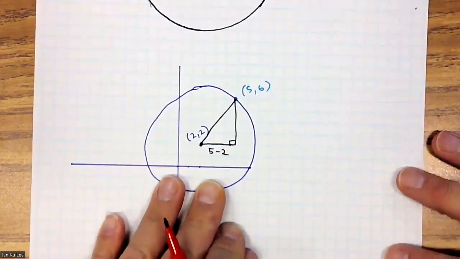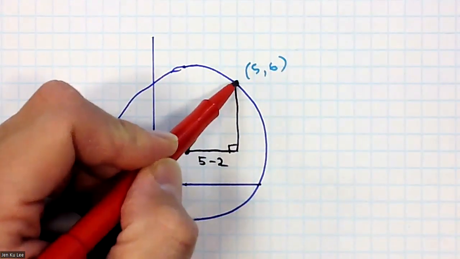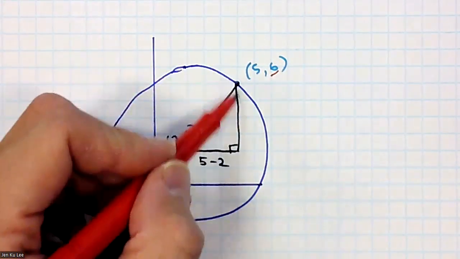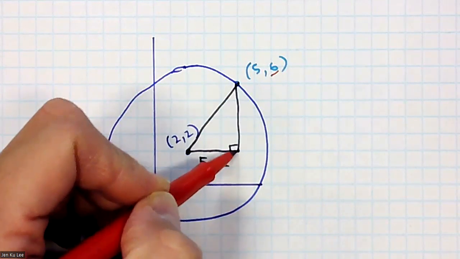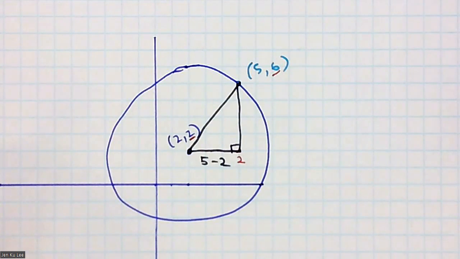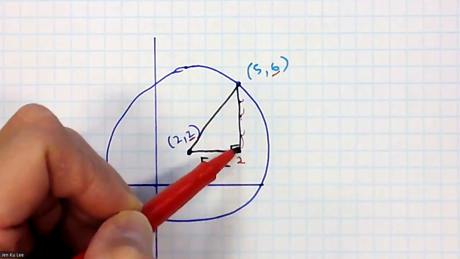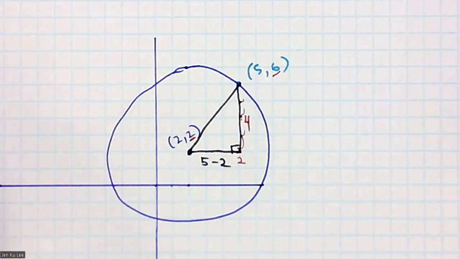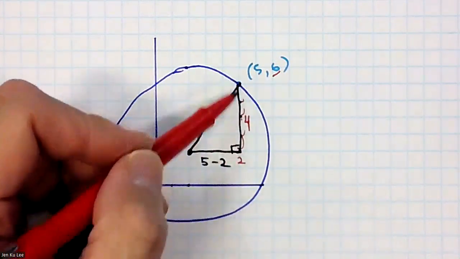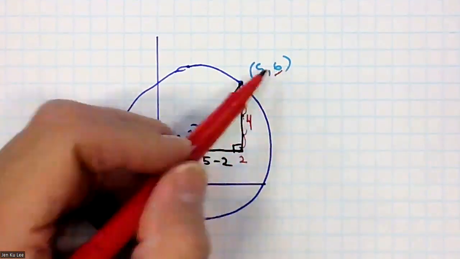Coming back down here, this has a y value of 6, correct? Okay. This has a y value of 2, because this part is 2. This has a distance of 1, 2, 3, 4, of 4. So how do I come up with that distance of 4 using 6 and 2?